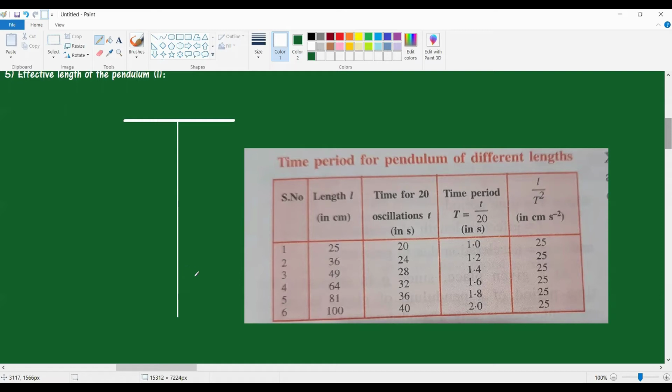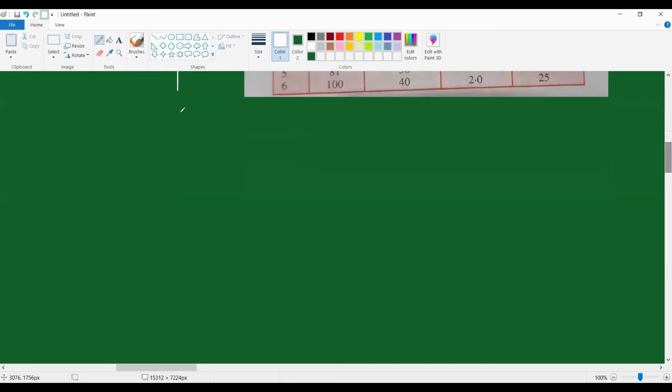So in this way, we can establish that for any pendulum, the ratio of its length and the square of its time period is constant for a given place. We can always observe this in any pendulum. Clear?